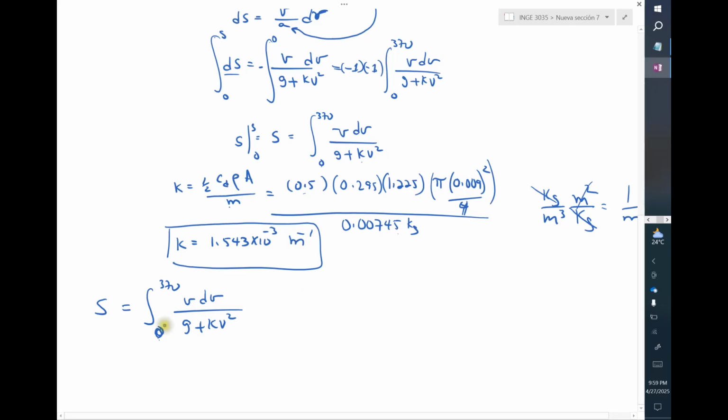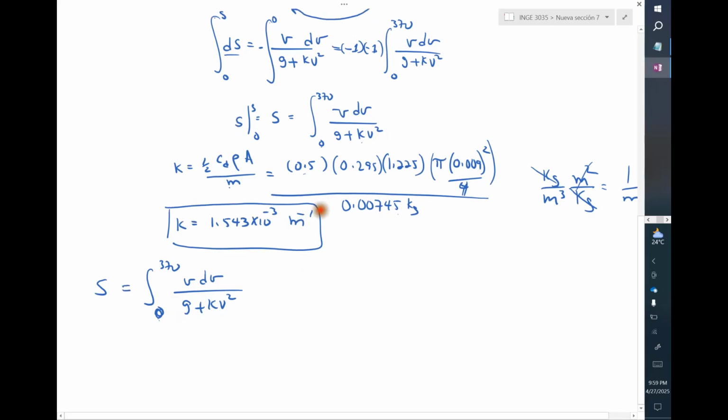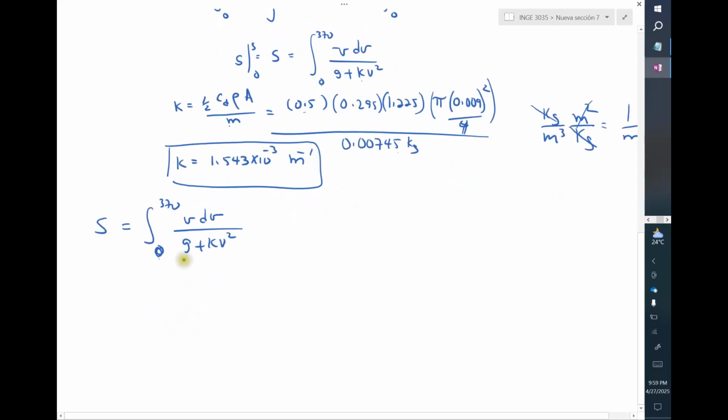Now to integrate this, let's do what we do in calculus. Basically, let's do a substitution, make life easier. u equal g plus kv squared. So du is equal, this is a constant, so it's going to be 2kv dv. It's interesting, v dv is already here. So v dv equals du over 2k.